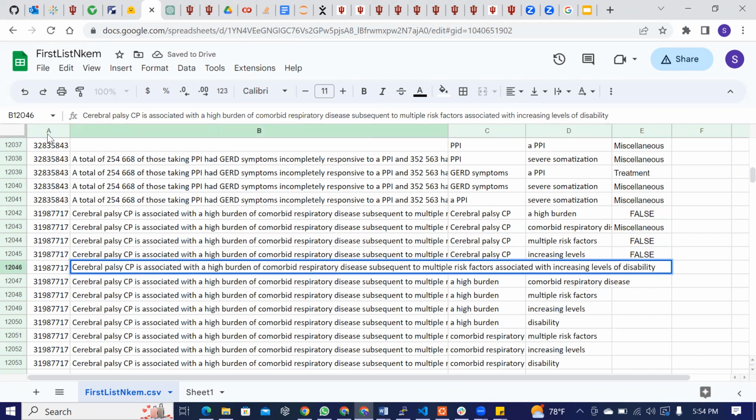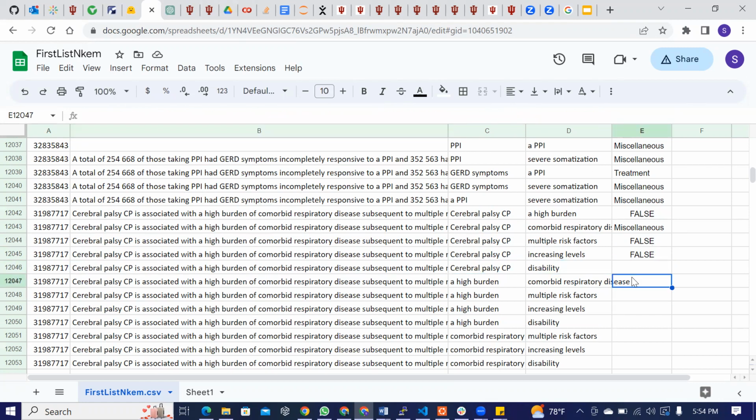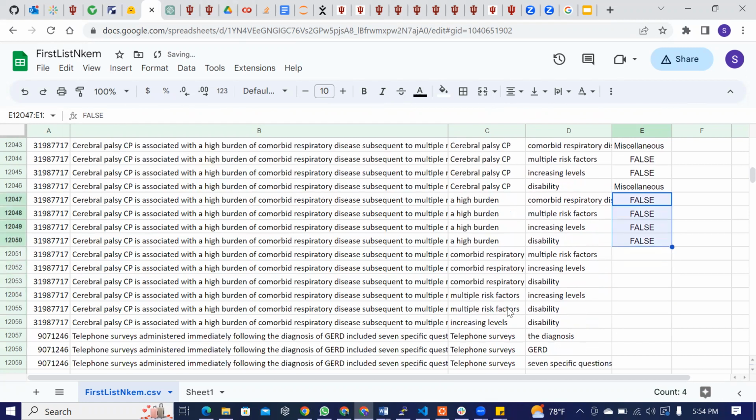If you look at the sentence at the end of the day, cerebral palsy is associated with diseases. So let's put miscellaneous there. Please, high burden false, everything false. It makes the work easier when we have adjectives like this.